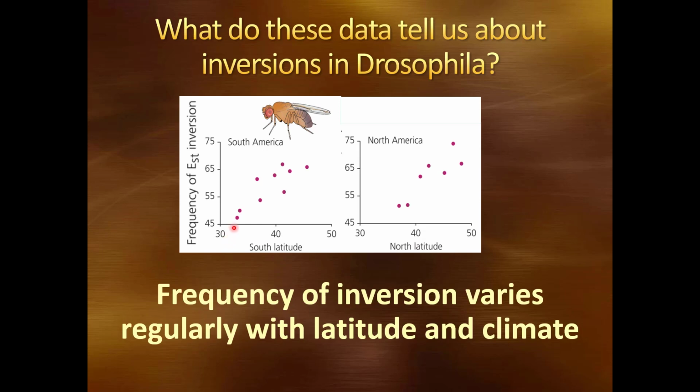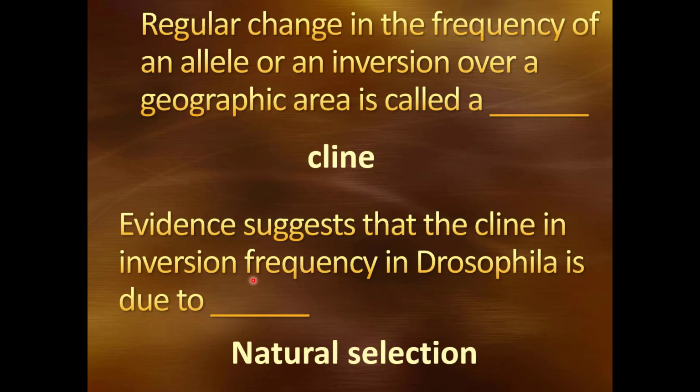You end up going from an area that essentially has no seasonality to it, is pretty much the same all year round, to an increase in that seasonality, obviously changes in precipitation as well, and temperature that goes along with that. This pattern that we just looked at, where you see a regular change in the frequency of the allele over a geographic area, in this case it's a latitudinal change, but we could be going up the side of a mountain.